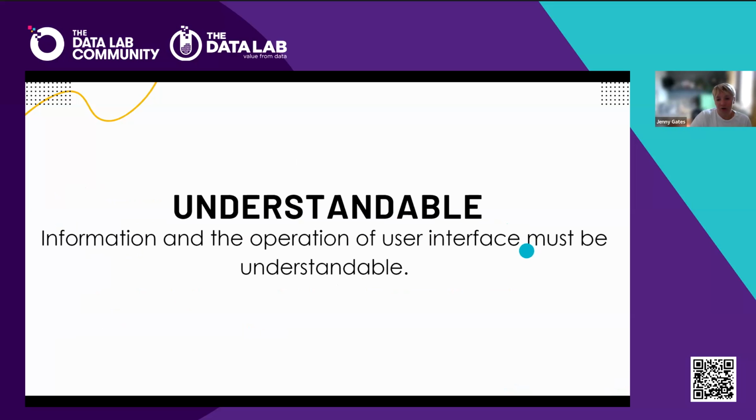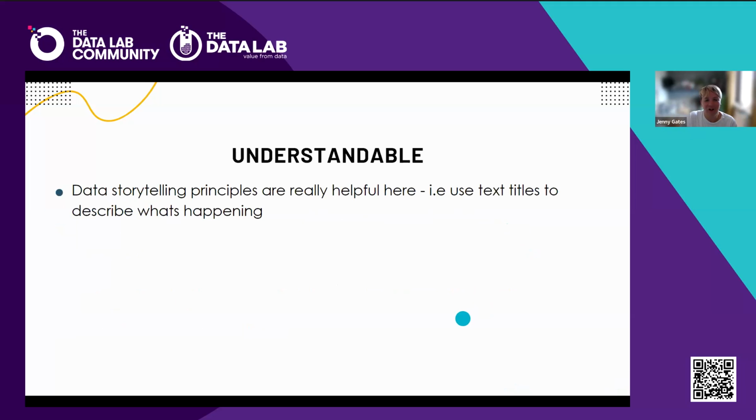Moving on, our next principle is that they have to be understandable. Information and the operation of the user interface must be understandable. And for me, context exists already in visualization for this. Anyone familiar with data storytelling principles? They are really helpful. We probably do them without thinking about them as being accessible, but they are making information more usable.